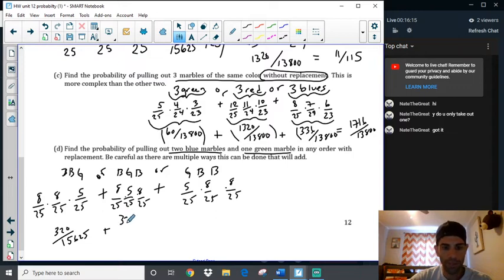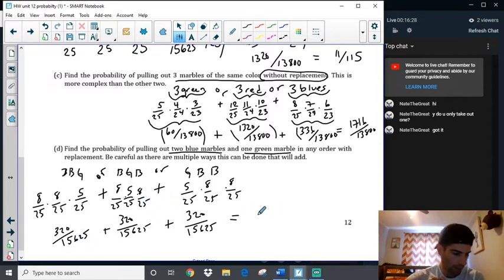They're all going to be the same because you're multiplying the same numbers, just in different orders. But its overall probability will be different because each time we put it back. So now you could go ahead and add them up. So that's going to be 960 out of 15,625. Now remember, you can always put them into your calculator, divide the numbers, simplify the numbers, or write it as a decimal.